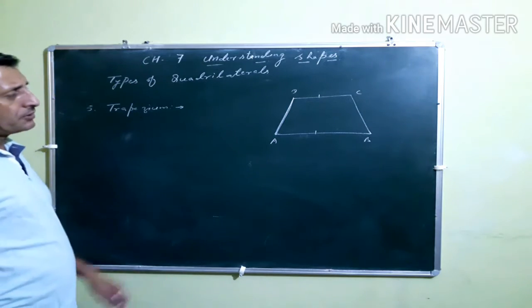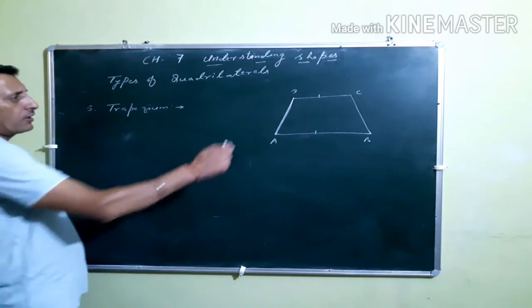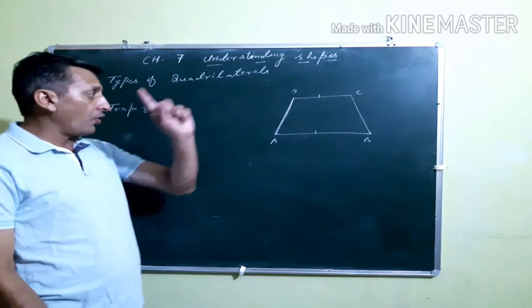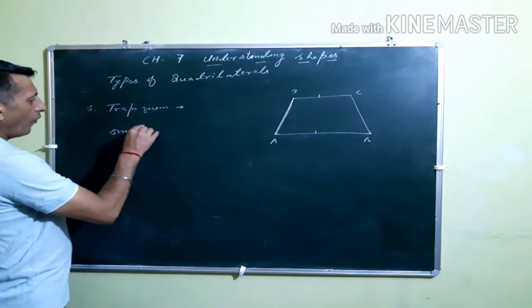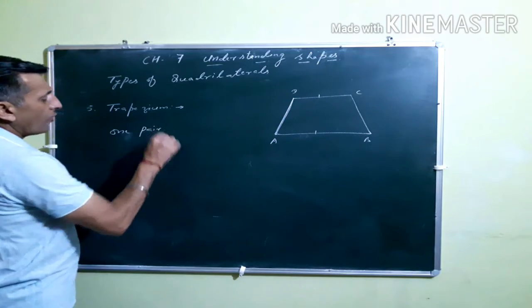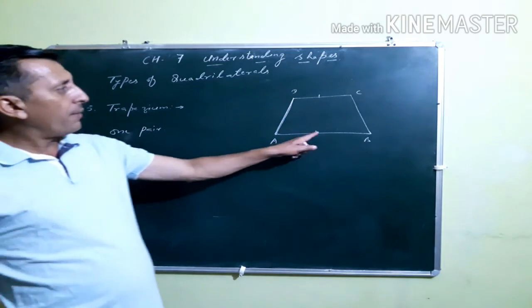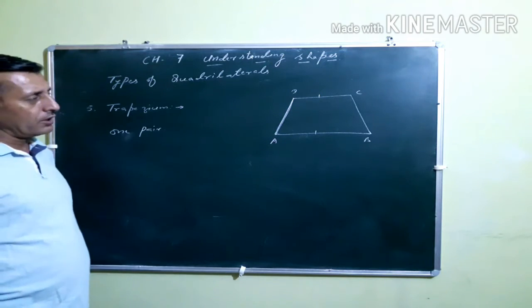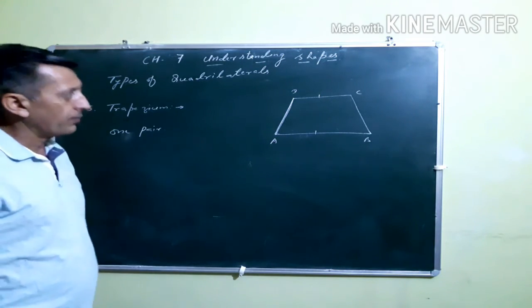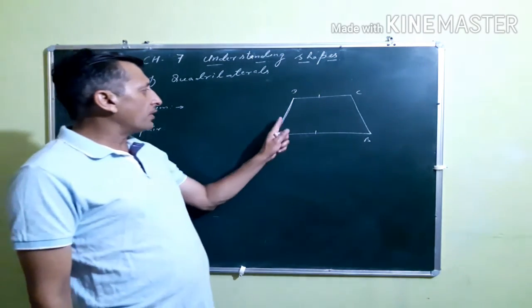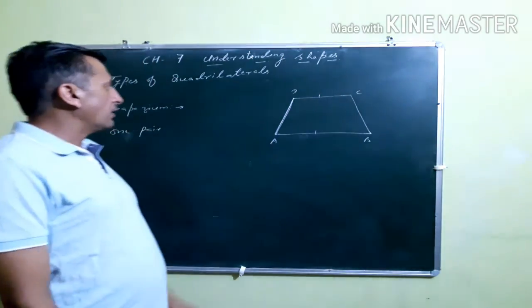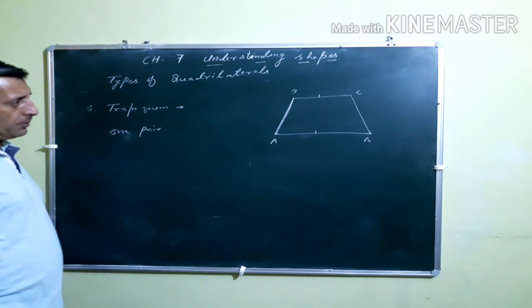This type of quadrilateral is called a trapezium. So in this quadrilateral, only one pair of sides is parallel and the rest are not parallel. That type of quadrilateral is called a trapezium. And sometimes if the two non-parallel sides are equal in length, then this is called an isosceles trapezium.